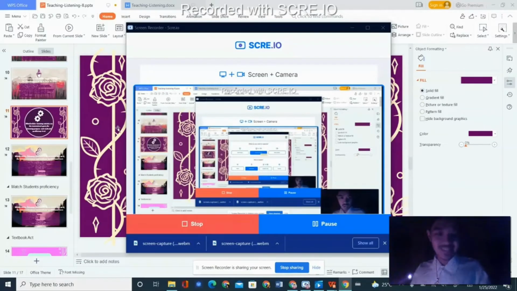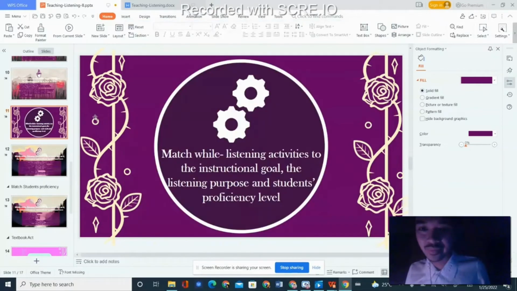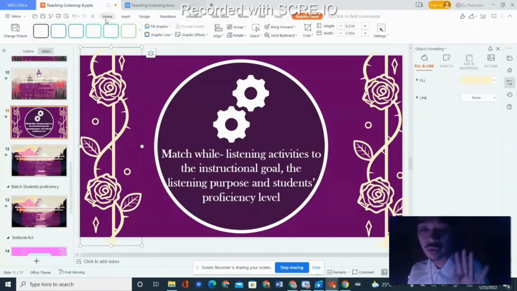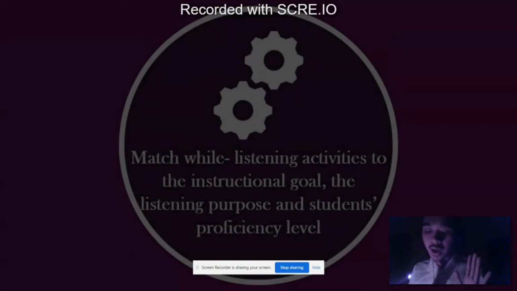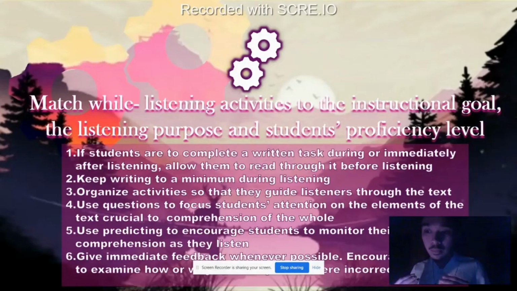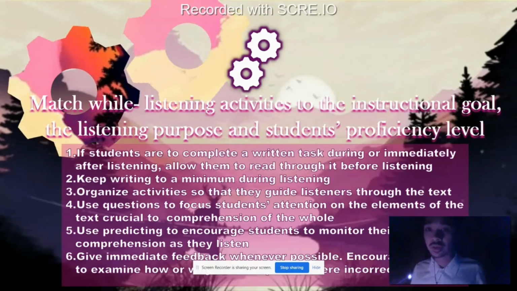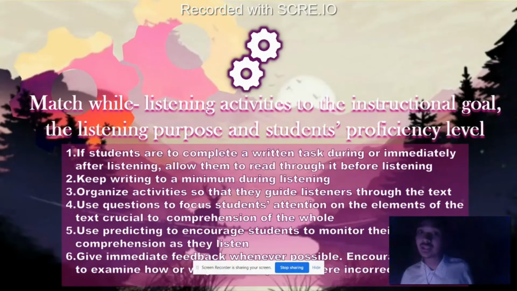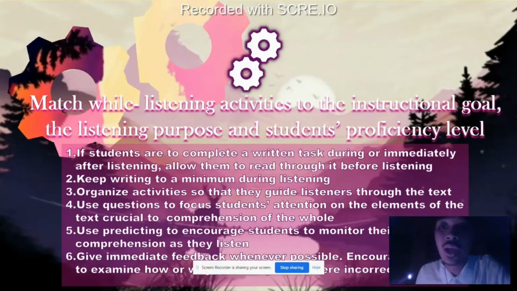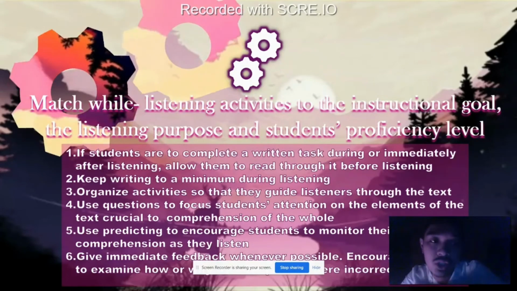Go back to me. We will be in the fourth part of the first part. So we will be tackling how to match while-listening activities to the instructional goal, the listening purpose, and students' proficiency level.